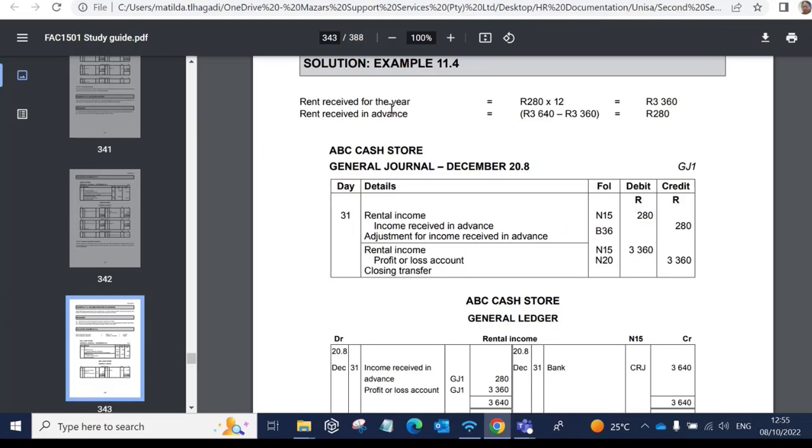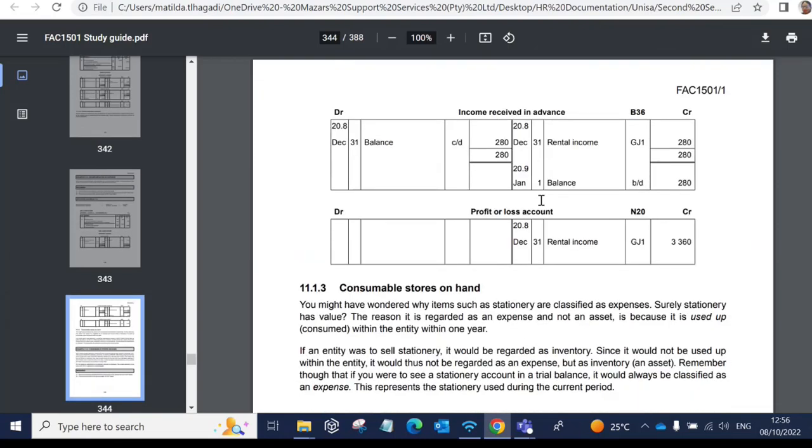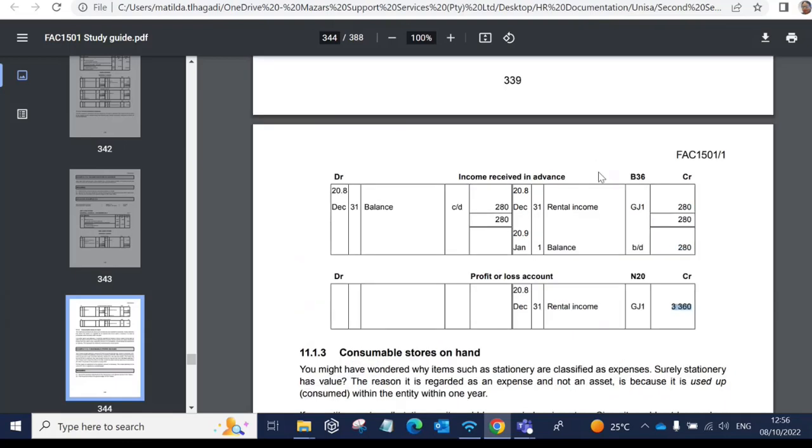That's why we are recording the 1 month as income received in advance. So basically now we're clearing this account to the profit and loss account. The profit and loss account is going to be credited with 3,360.